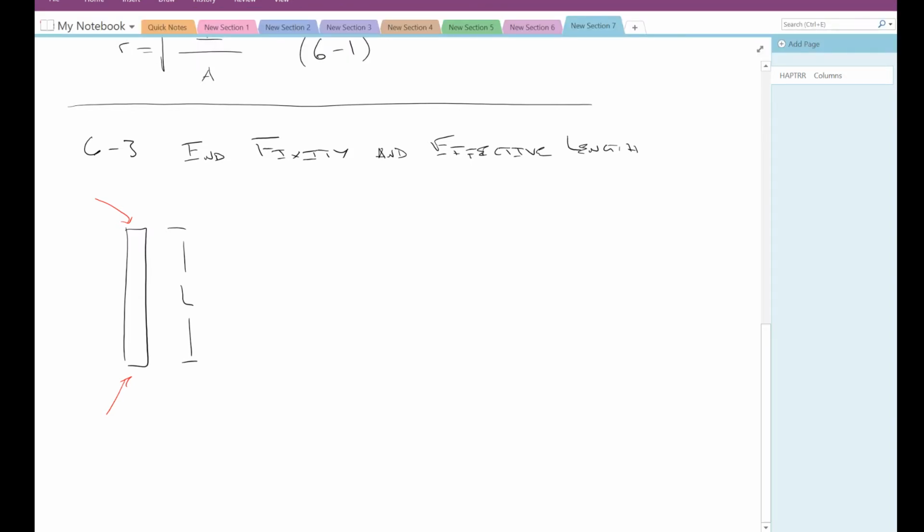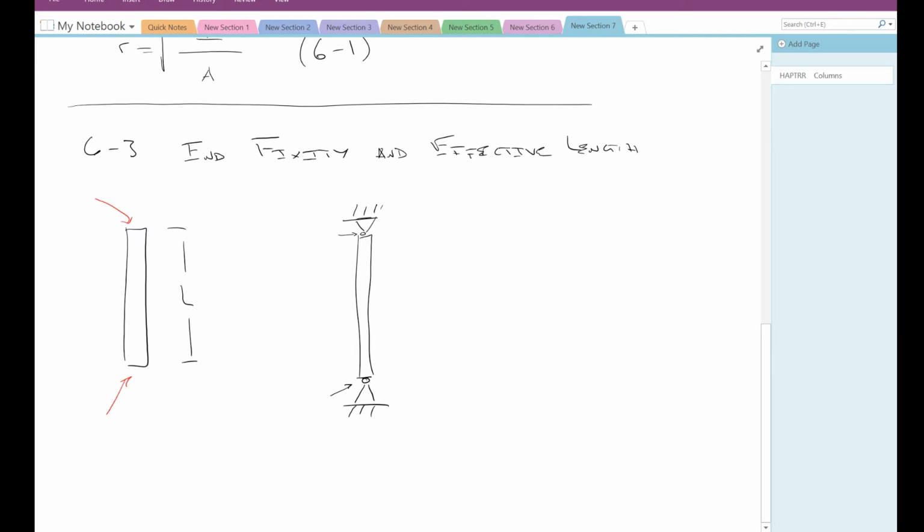Moving back to our black color, if we consider a column that is pinned at both ends, like so, we can say that the column is free to rotate about these pinned ends, but it's not free to translate, right?